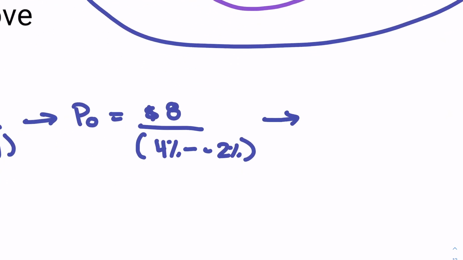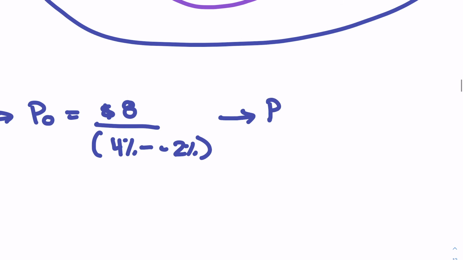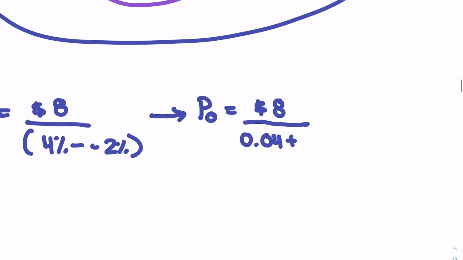And that's going to give us something really straightforward. It's going to tell us that P0 is equal to $8 over, and you could essentially write it as 0.04 plus 0.02, because two negatives actually collide together and create a plus. Okay.